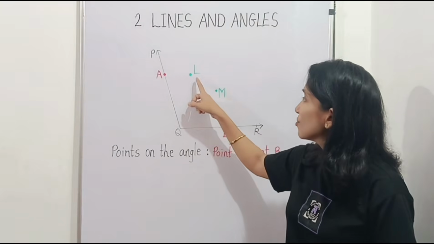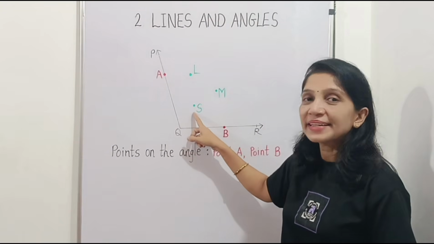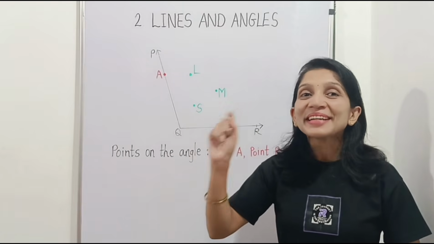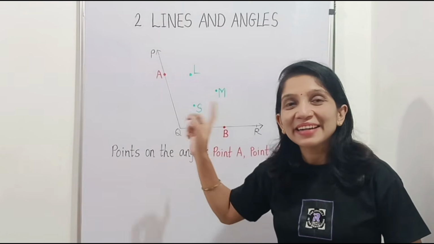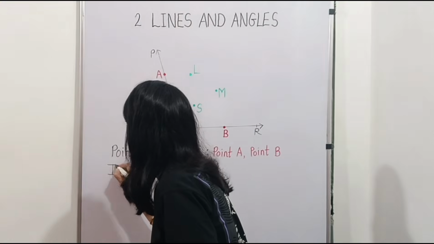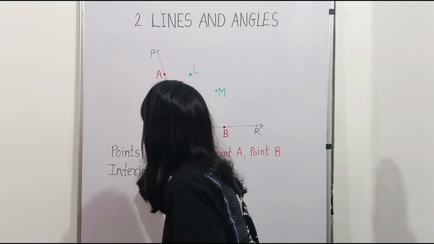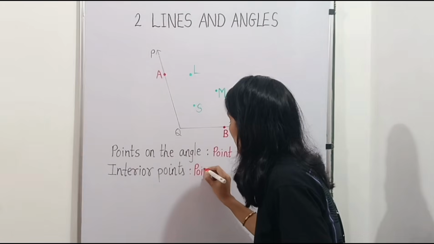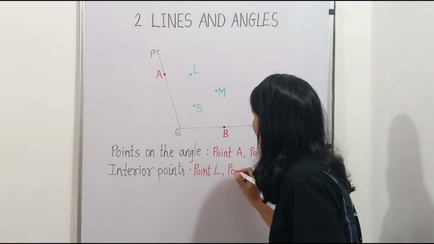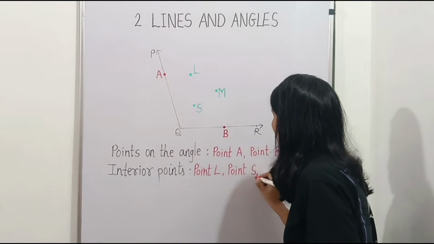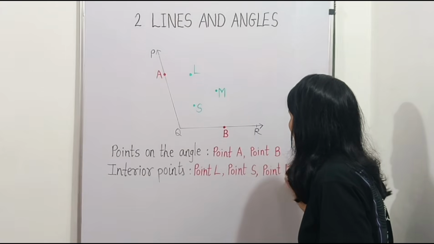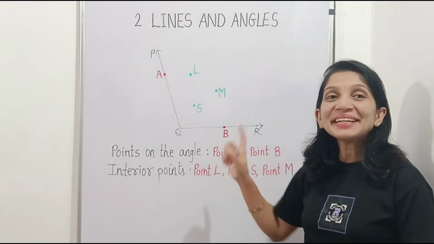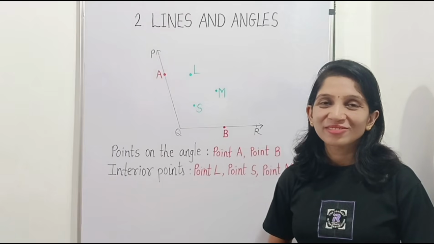So here point L, point S and point M are interior detectives hiding inside. So here we got three interior detectives.